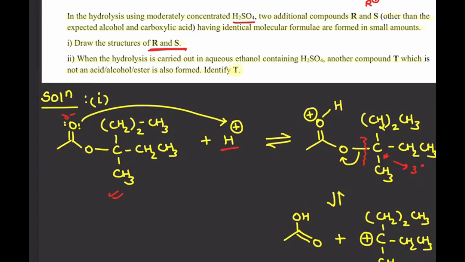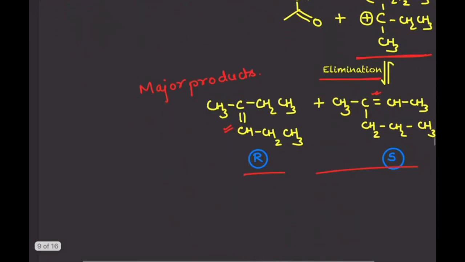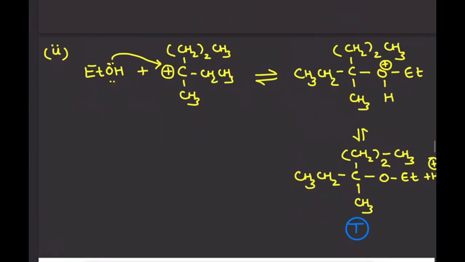Moving to the second part, which says that a compound T is formed. How is that compound T formed? Well, the 3-degree carbocation formed is under alcohol conditions. Alcohol, like water, can also act as a nucleophile. So when alcohol attacks this 3-degree carbocation, you will have this protonated intermediate.